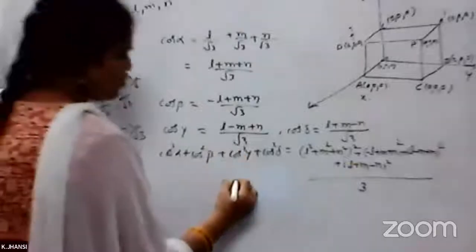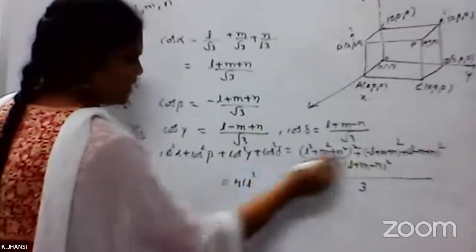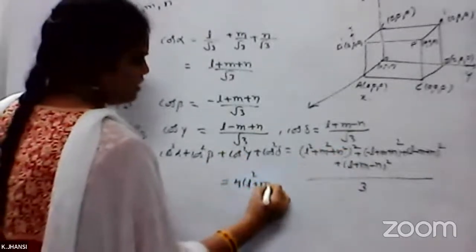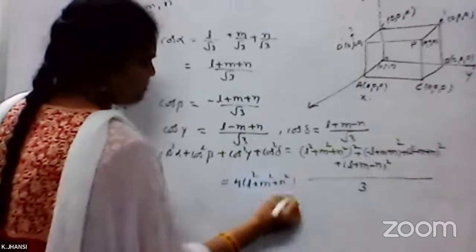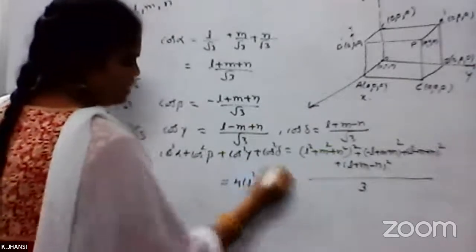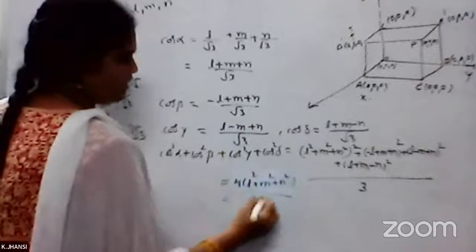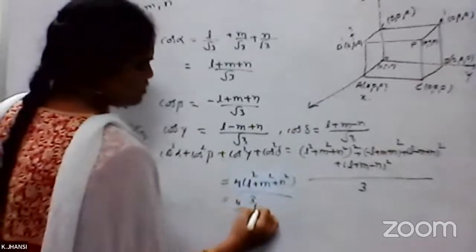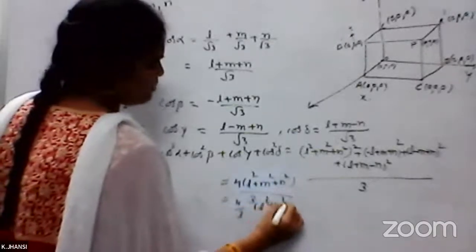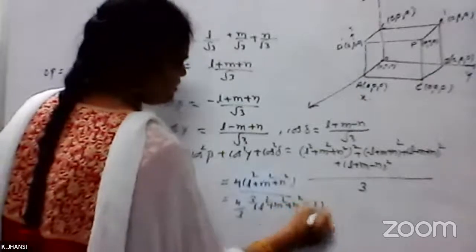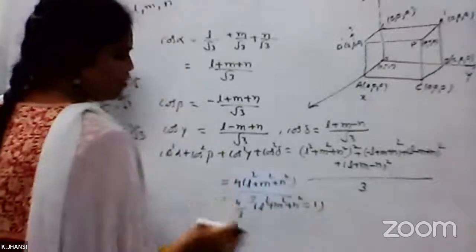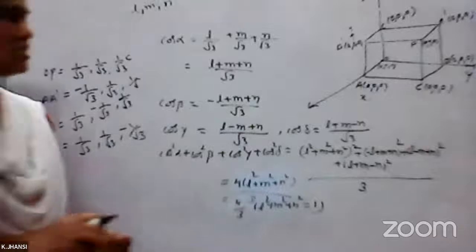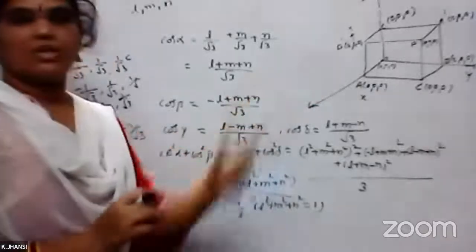So you will get 4 into L square plus M square plus N square by 3. This value you know from the starting: L square plus M square plus N square is 1. So if you substitute that here, you will get 4 by 3. Okay. So this is the solution of the given theorem.